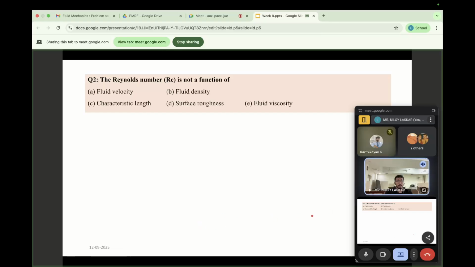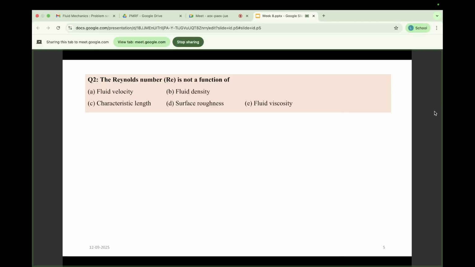Yes, the correct option is surface roughness. So I am briefing a little about this. What basically is the Reynolds number? Reynolds number basically is a ratio of inertial force by viscous force.